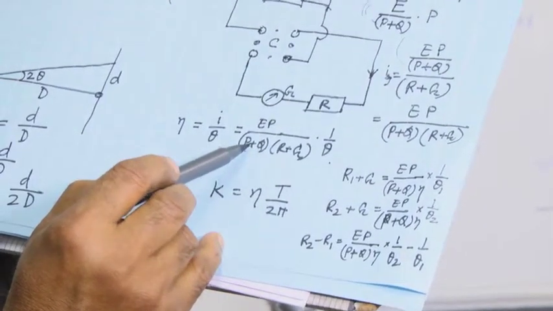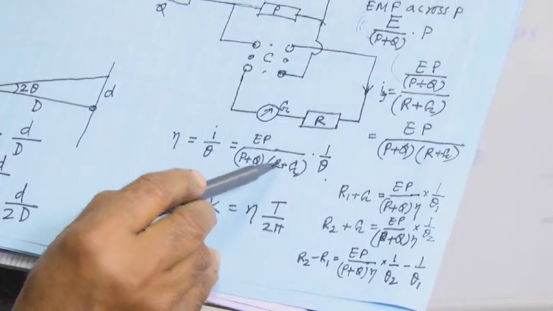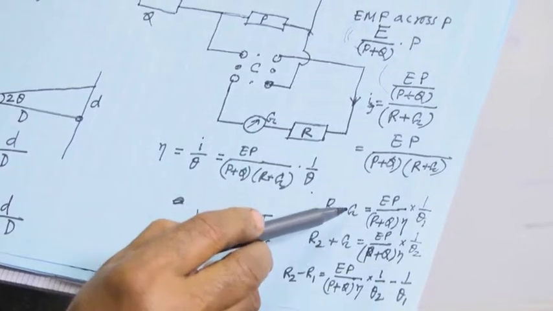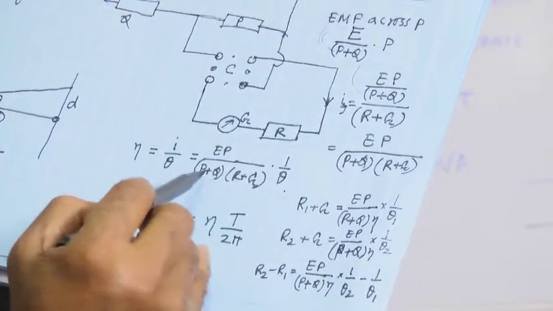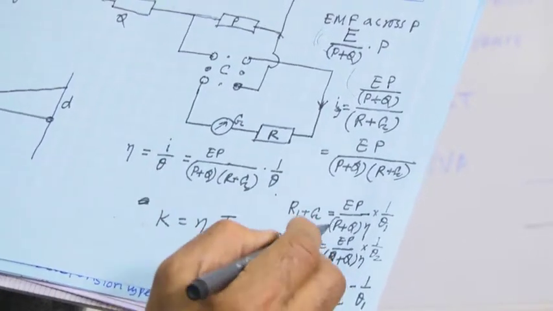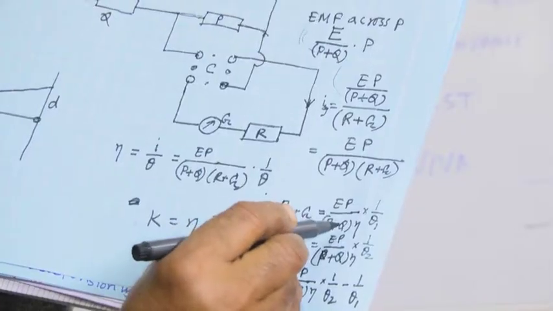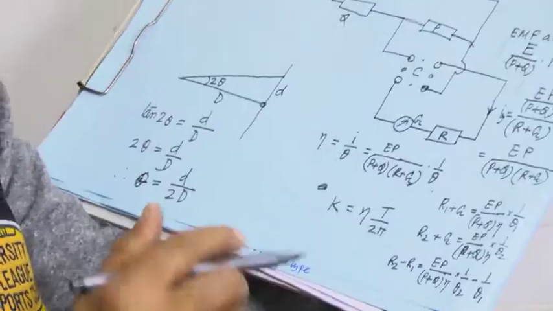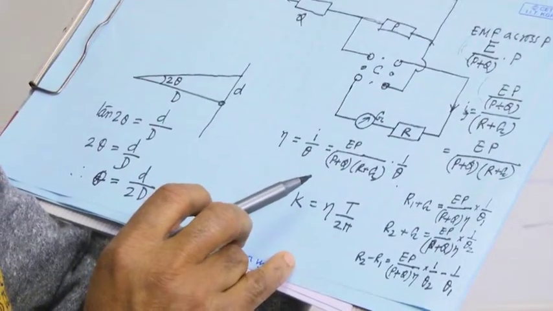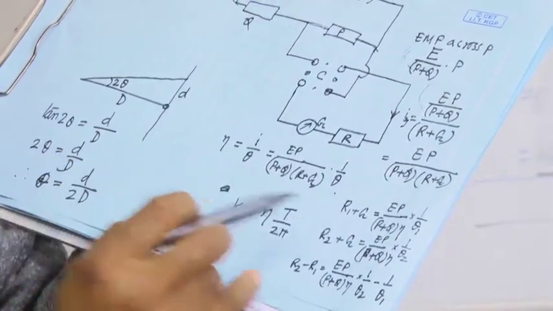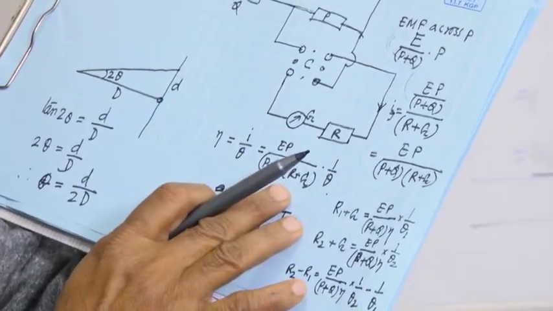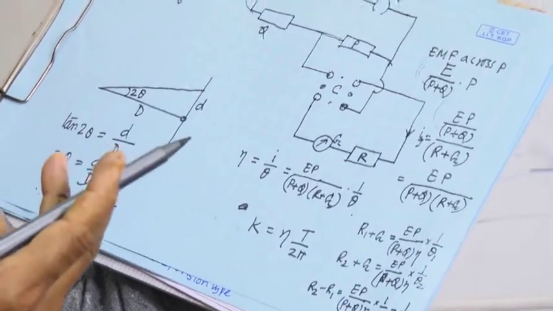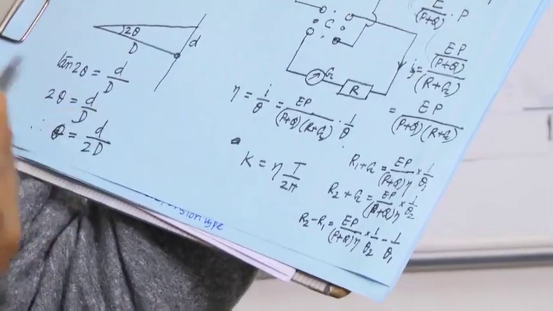Here I can write R plus G equal to E P by P plus Q, into eta into 1 by theta. The G is the resistance of the galvanometer, which is not known to me, so I want to avoid it.